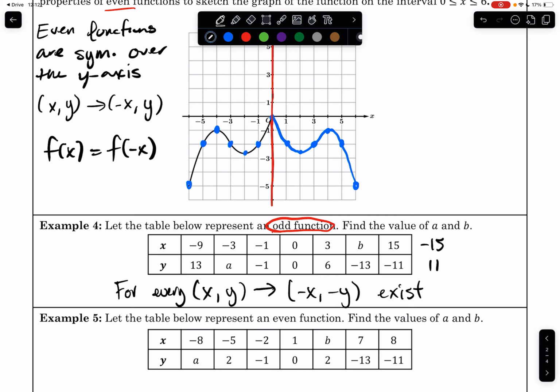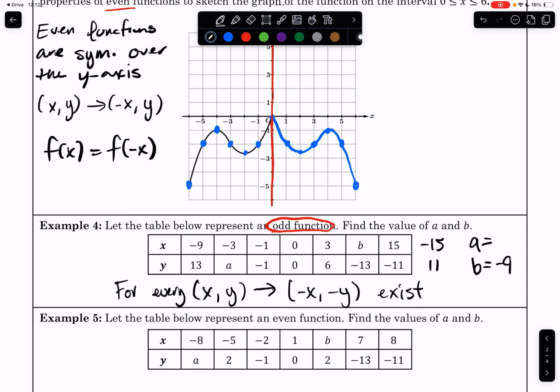So here, if we know that negative 9 and 13 is on the graph, then that would mean that at positive 9, the y value would have to be negative 13. And if you look at the table, we see here at negative 13, what would this number have to be? Well, it would have to be 9, since at positive 13, the x value is positive 9. So the value of b is negative 9.